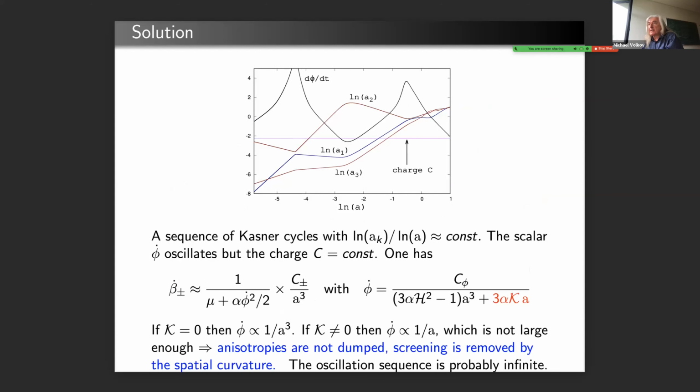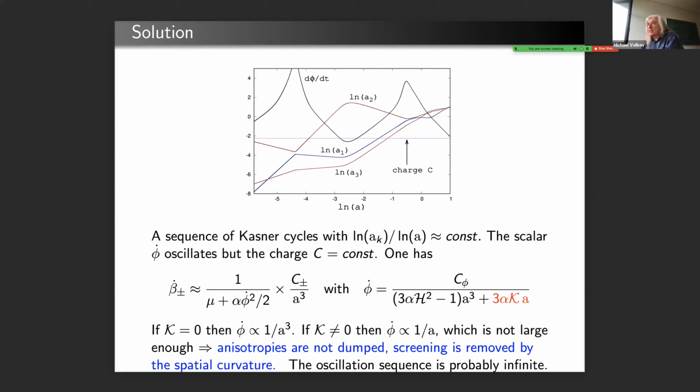Surprisingly, we discover exactly the same phenomenon. This is the result of numerical integration. And we see that even with the scalar field, there are these oscillations. And at first sight, this contradicts the fact that in Bianchi 1, anisotropies should be suppressed.